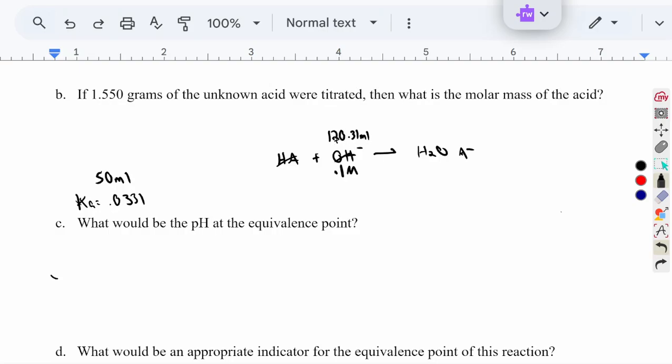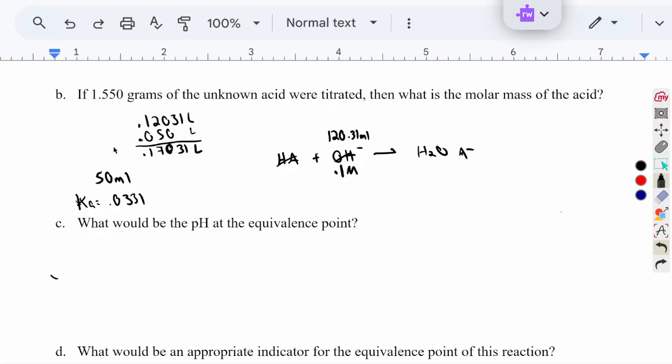If we multiply this out, we turn this into liters. So that's 0.12031 liters of sodium hydroxide and 0.05 liters of our original solution. We'll add that together. We're going to get 0.17031 liters.